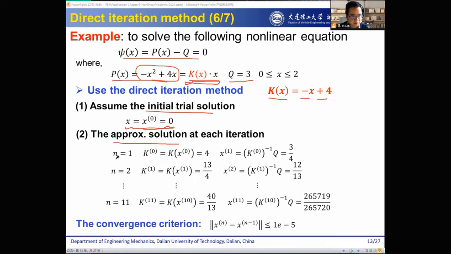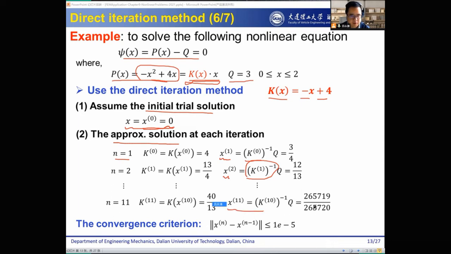From x0 we calculate x1. We do the inverse, and then from x1 we calculate x2, calculating the inverse of those again, and we keep doing the iteration.